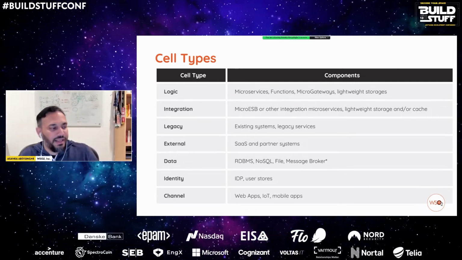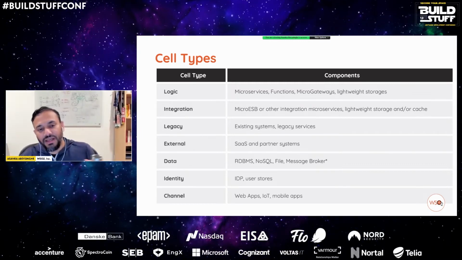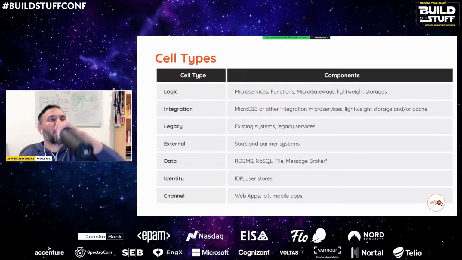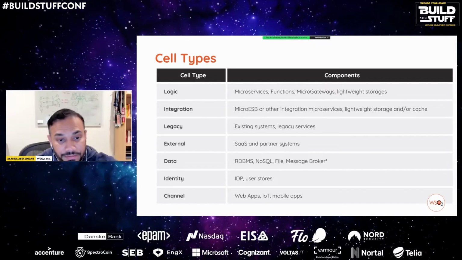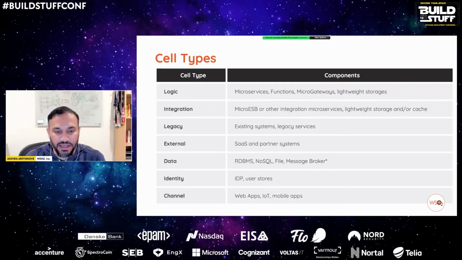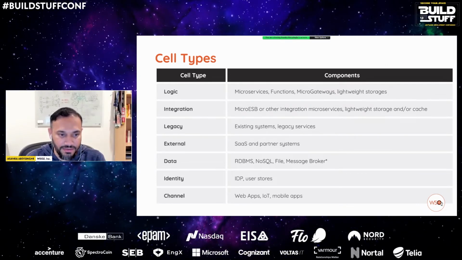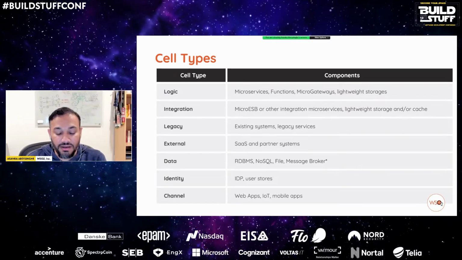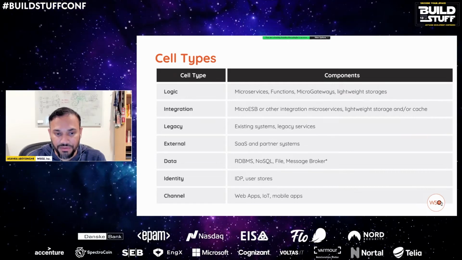Then you will find legacy cells as well, because as I explained, we can't avoid legacy applications. So we have to deal with the legacy applications. We can use legacy cells to cater to the existing systems and any legacy services as well. Then the external cells are the cells that are not owned by the organization.